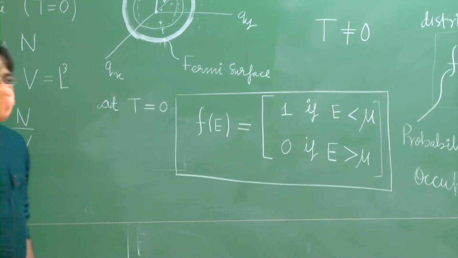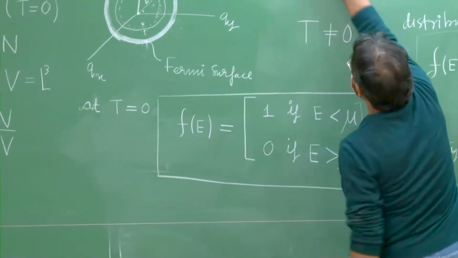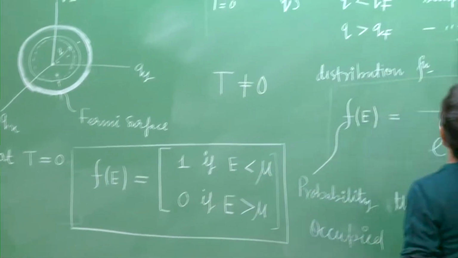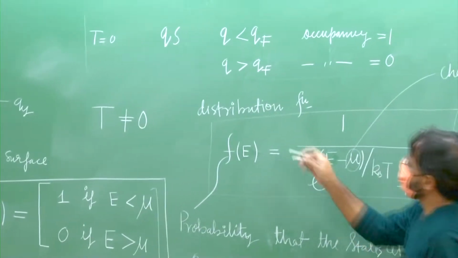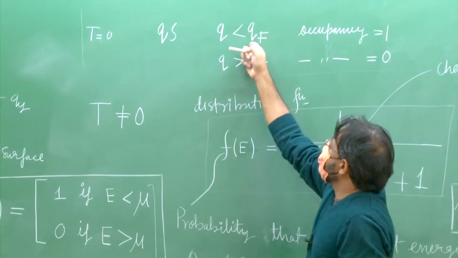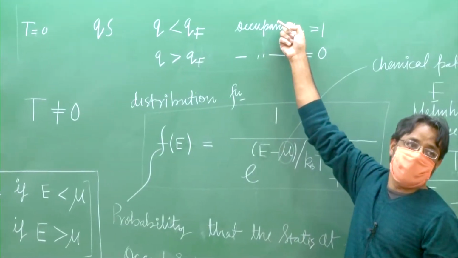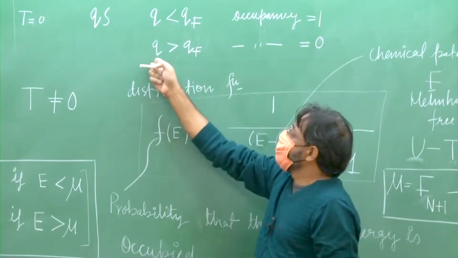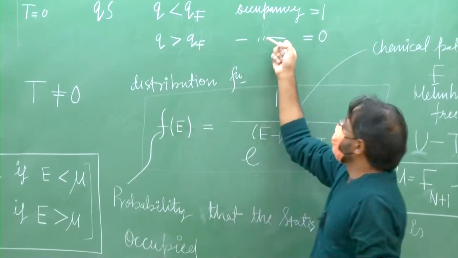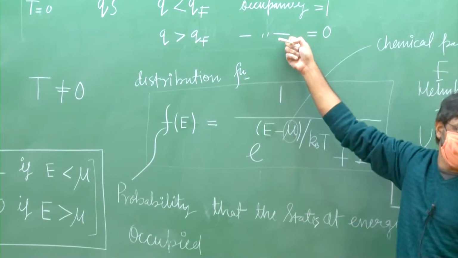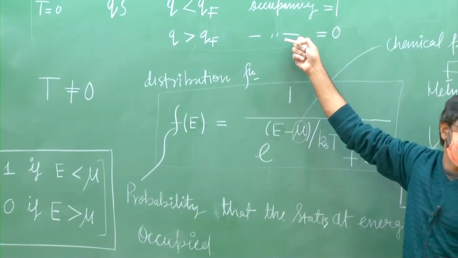Right? But this is what we have in fact in the ground state that we are working with. When the energy is less than EF, the quantum state is occupied, and when the energy is greater than EF, the quantum state is unoccupied, right.